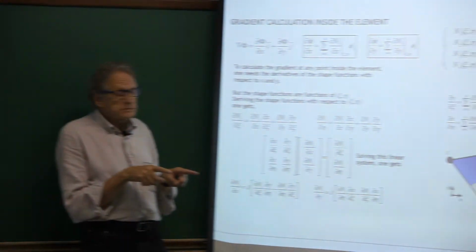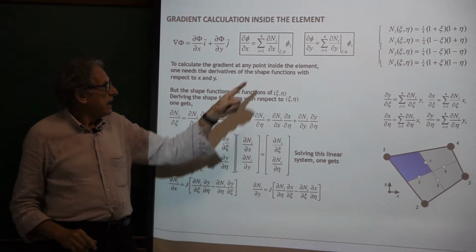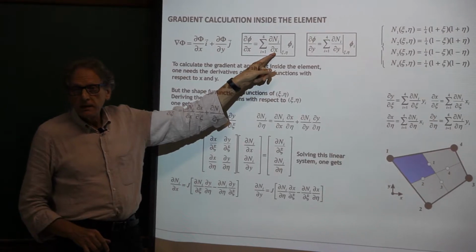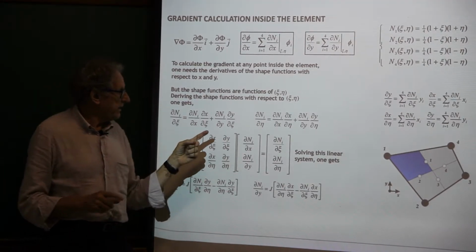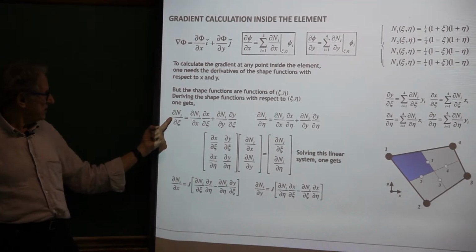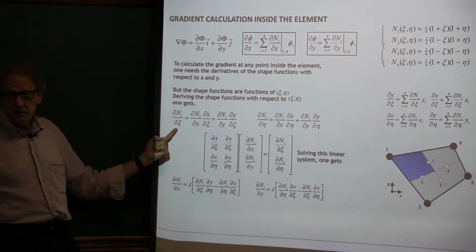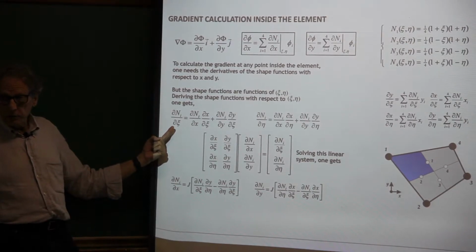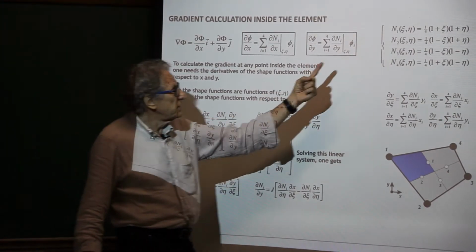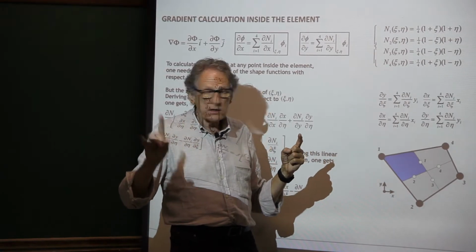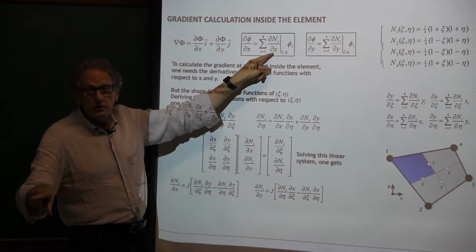But now we need to use the coordinate transformation because the N's are not functions of x. They are functions of xi and eta. Then what I have to do now is to find the derivative of N related to x in terms of the derivative of N related to xi and eta, because those derivatives I have, since the shape functions are functions of xi and eta, not of x and y. But I need the derivative related to x and y.